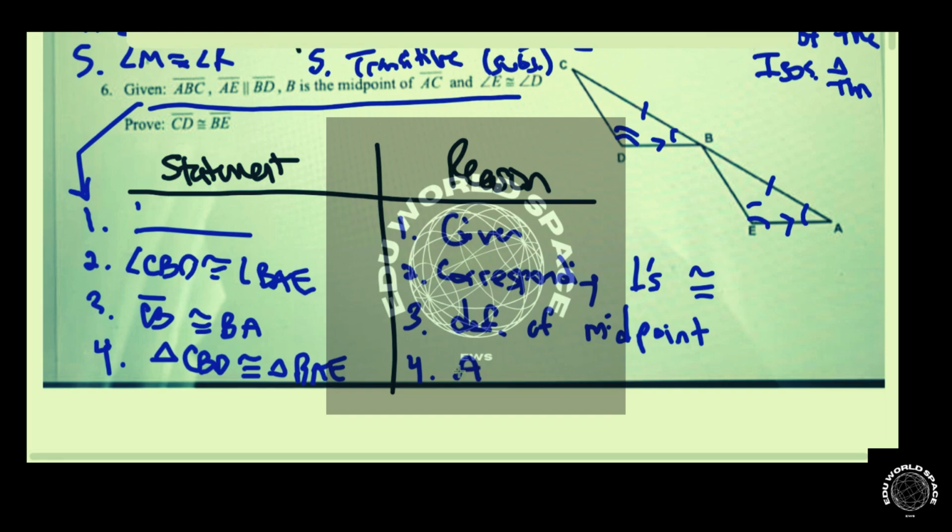We have angle side for the reason the triangles are congruent, which would make CD congruent to BE by CPCTC. Those are corresponding parts of congruent triangles, so they are congruent.